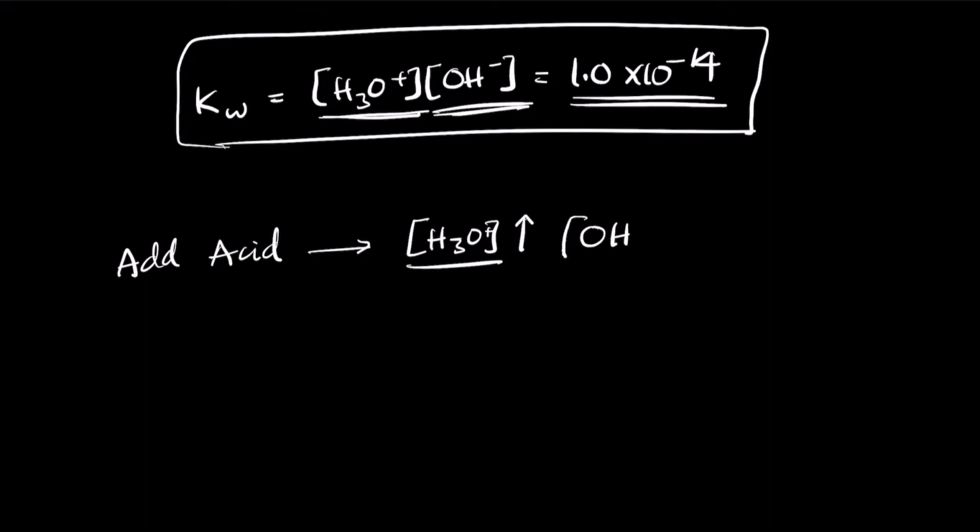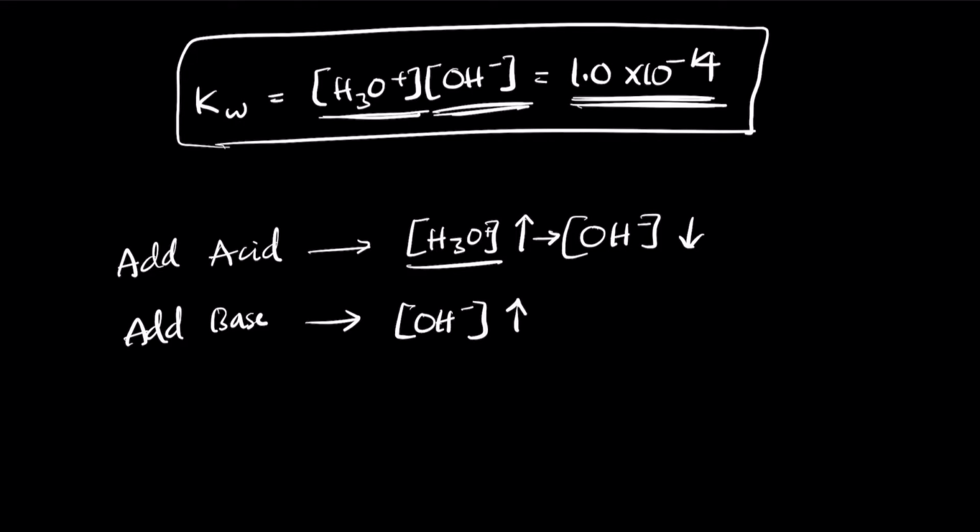So the OH minus concentration goes down, to make sure that the product value stays constant. Now when you add a base, the base results in an increase in the OH minus concentration, which means there should be a decrease in the H3O plus concentration.